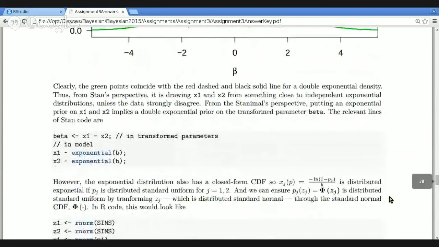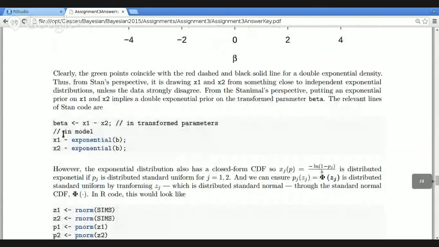And so we could do a model like that in Stan where the relevant lines of code are just exponential b priors for x1 and x2, and then the difference of those in transformed parameters to make beta, multiply beta by x, and have that go into the likelihood.